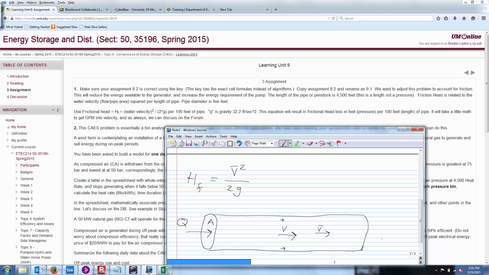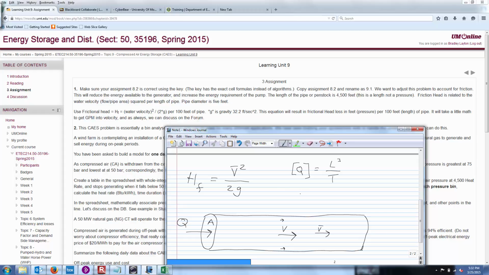So a little bit of dimensional analysis will help us here. We know that the dimensions of volumetric flow rate are length cubed per unit time, right? Because it's going to be gallons per minute, cubic meters per second, what have you. So it's volume per unit time.